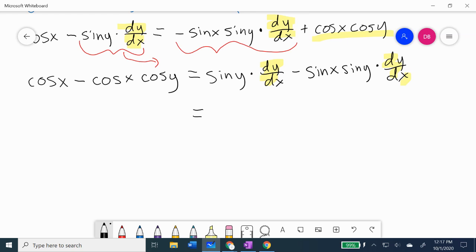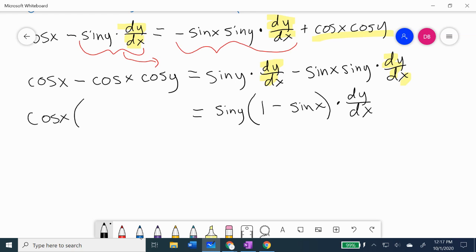And actually, why don't I, while I'm at it, factor out a sine y? So I've got sine y times 1 minus sine x times dy dx. On the left, if I feel like it, I can factor a cosine x, and that will leave me with a 1 minus cosine y.